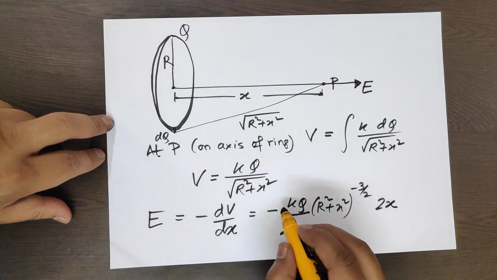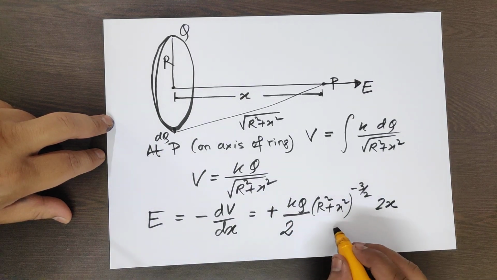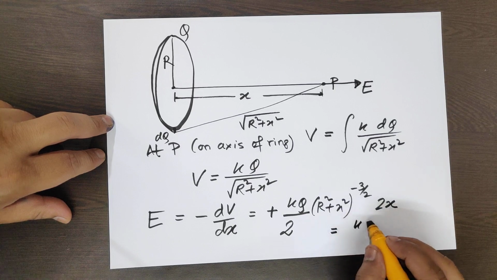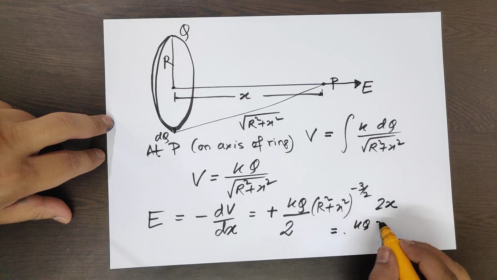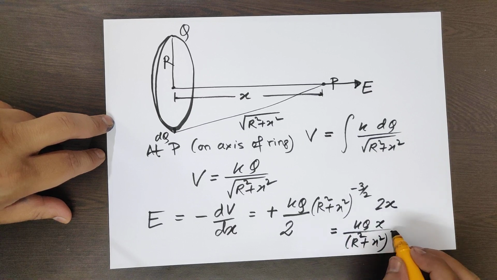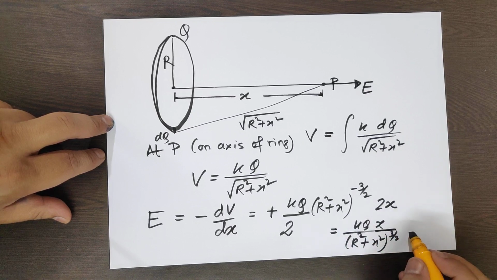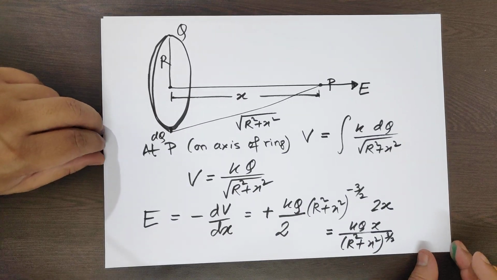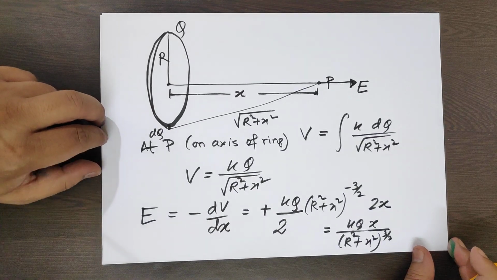Now you have a minus half here, so it will be plus. So E equal to kq x by r square plus x squared to the power 3 by 2. And we have also calculated the field at this position just to verify it.